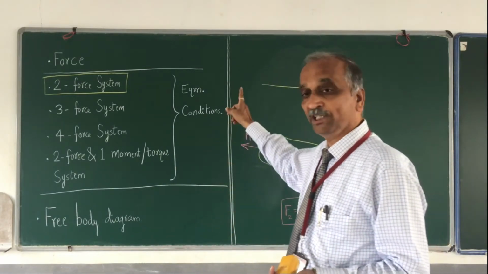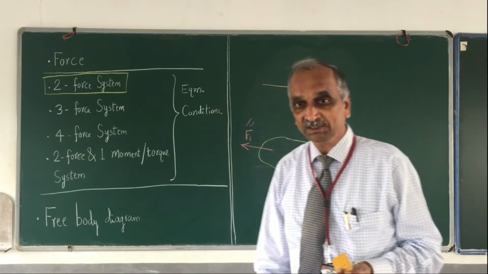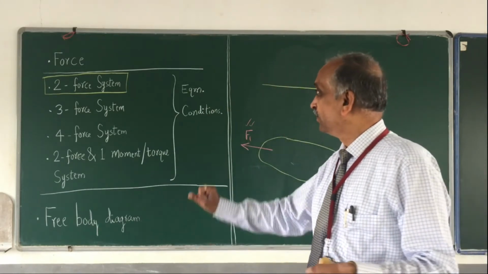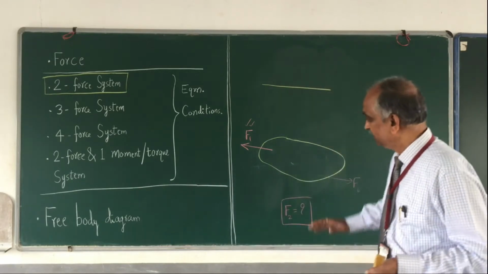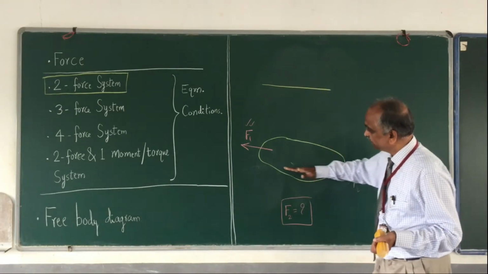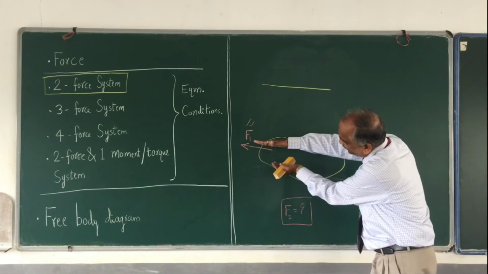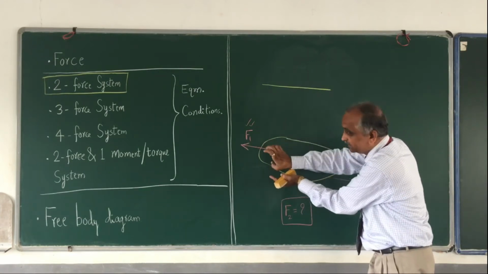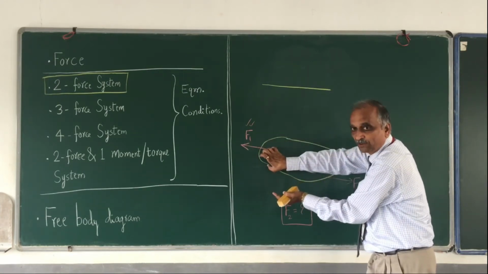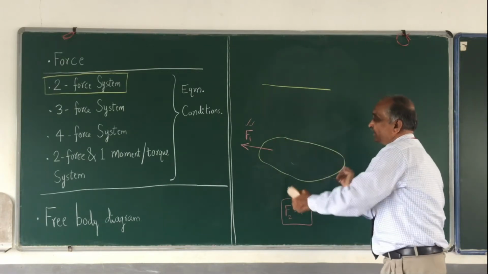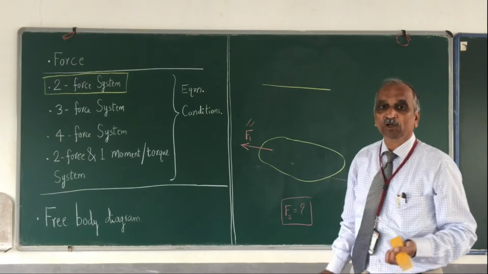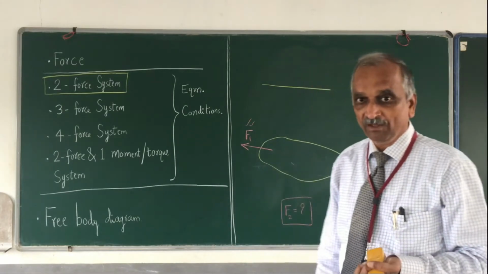But I have one more condition of equilibrium. What does it say? The moment due to all the forces about any point must be equal to 0. If this is a force, then this force is extended. You know that they are parallel to each other. There is a perpendicular distance between the two. The two will form a couple and that will start rotating the body, and therefore it will not remain in an equilibrium state.